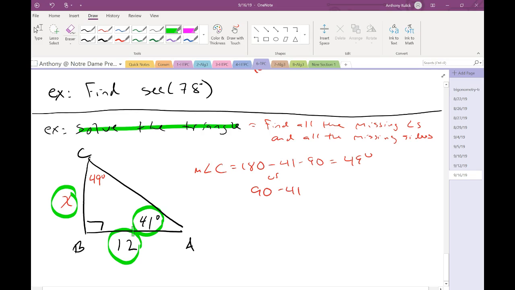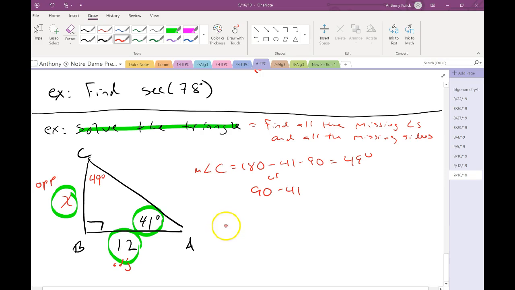Relative to that 41 degrees, side x is opposite, adjacent, or hypotenuse? This is the opposite. And relative to that 41 degrees, 12, the side that I know, is that opposite, adjacent, or hypotenuse? Adjacent. So which trig function should I use if I'm concerned about opposite and adjacent?